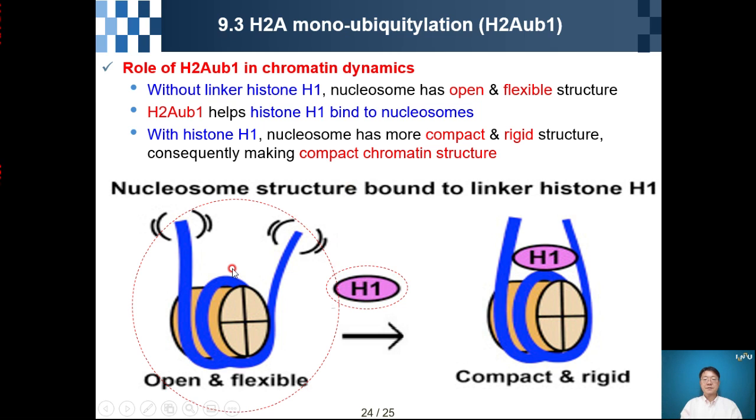So it means that with histone H1, the nucleosome has a more compact and rigid structure, consequently making a compact chromatin structure. So this is the role of H2A UB1 in chromatin dynamics. So finally, H2A UB1 makes a compact chromatin structure.